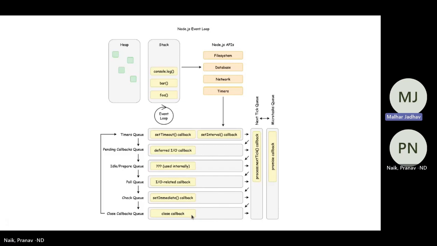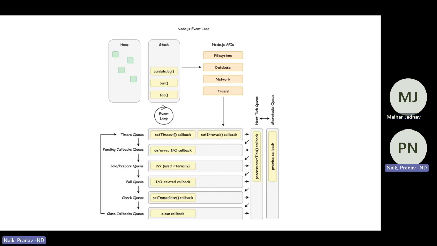And can you tell us about deferred and IO related callbacks? What are those? Oh yeah, okay, so pending callback. Deferred callbacks means all those callbacks which are ready to get served. You remember the promise explanation, right?